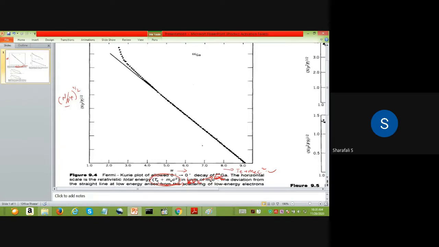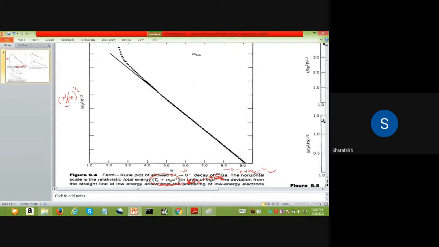If you plot the graph of root of N by p square f versus kinetic energy, the point where it touches the horizontal line, that is the x-axis, will give you the Q value.